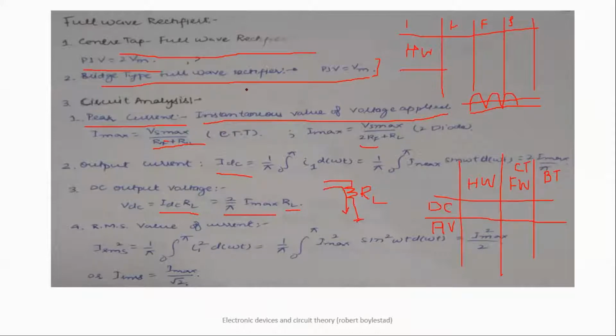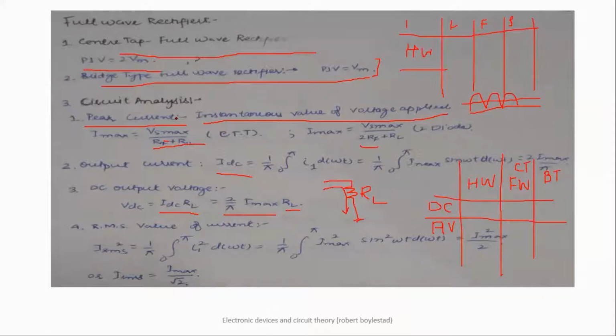Now next is your RMS value of the current. As you already know, in AC we do not go for average value. We go for RMS value. So RMS value, how do we calculate RMS value? We have a resistance or load.